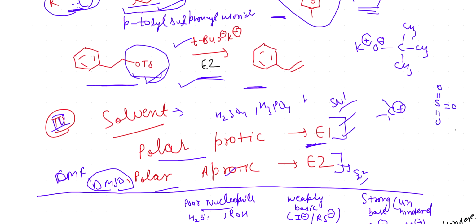As this solvent is protonated, the negative charge here will stabilize the carbocation. So this was all about the nature of the solvent, which kind of solvent is favoring E1 and E2 reactions.